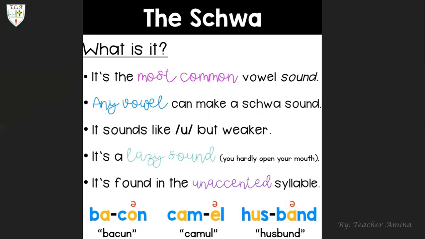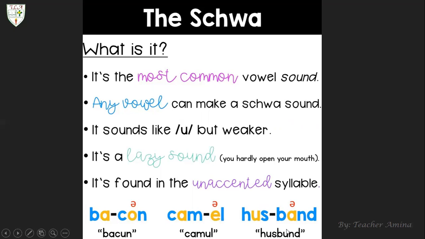It's found in the unaccented syllable. So, for example, bacon. So, the sound of O here, it's not bacon, it's bacon. So, it sounds like a U sound. It has a U sound in it. Camel. So, it also has the U sound, and husband.